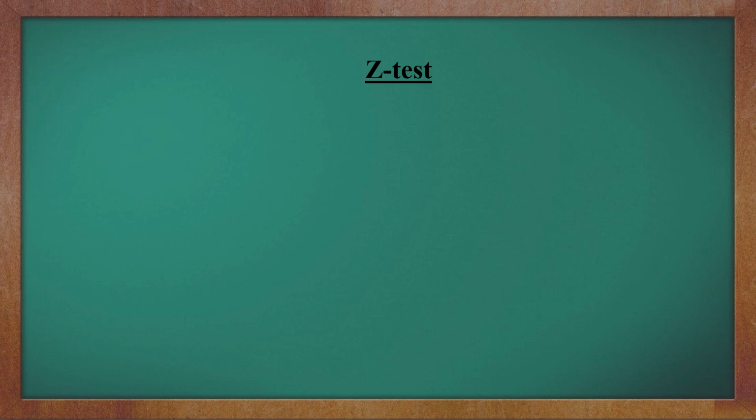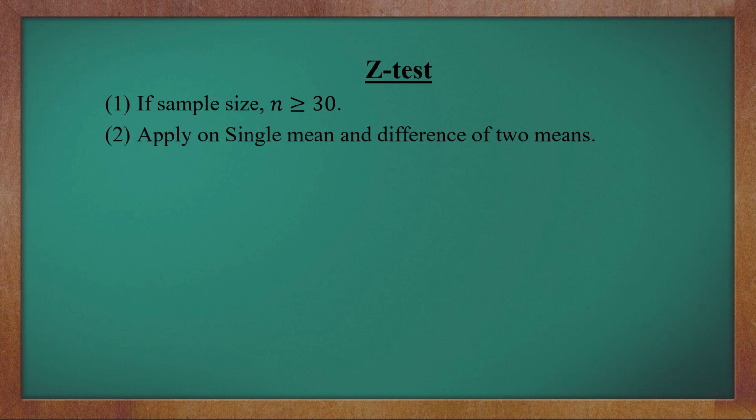For the Z test, we have the condition that the sample size should be greater than or equal to 30. In my last video, I discussed what the population is and what the sample is. So what is the first condition of the Z test? We can apply the Z test only if the sample size is 30 or greater than or equal to 30.